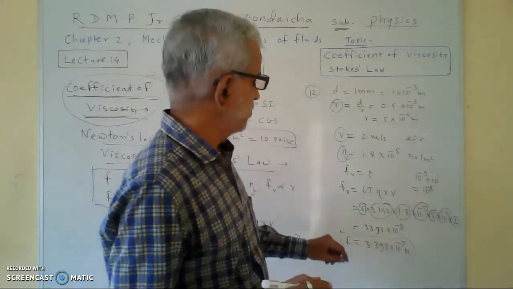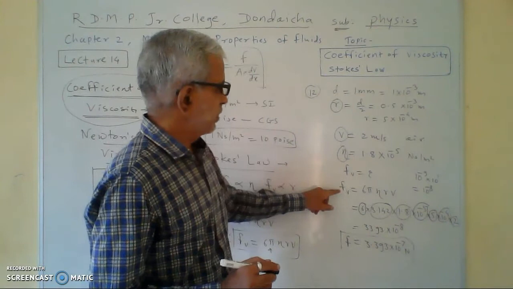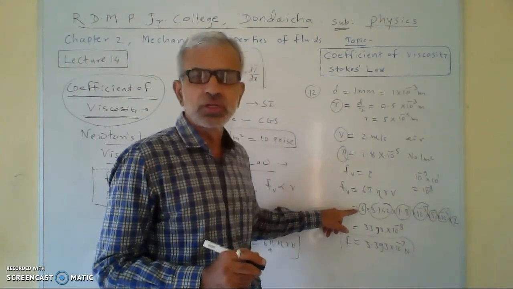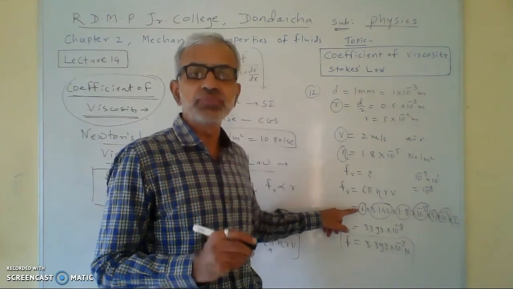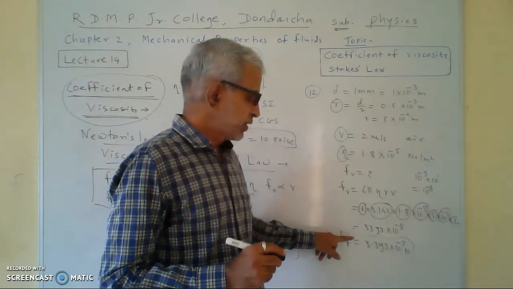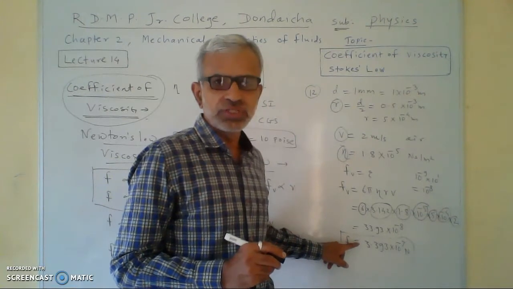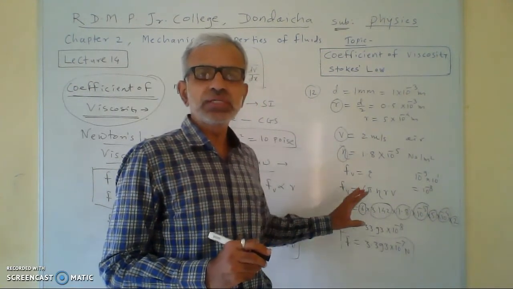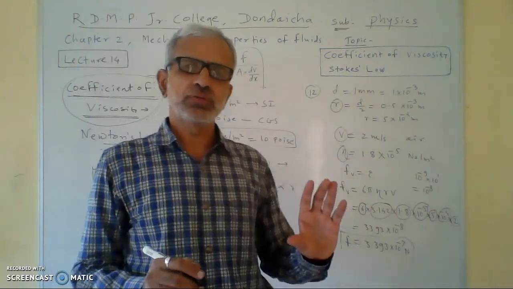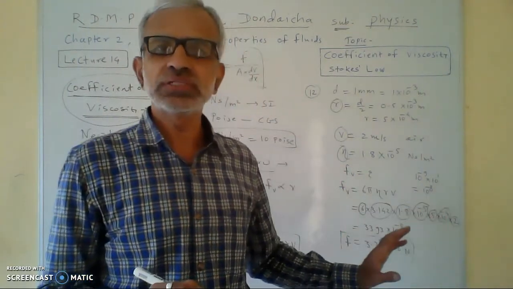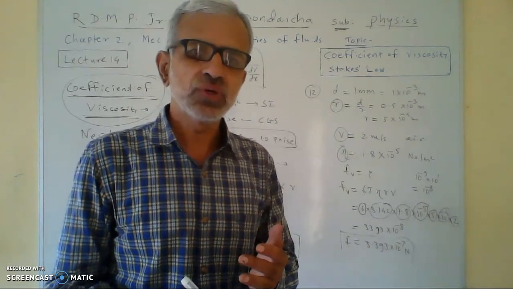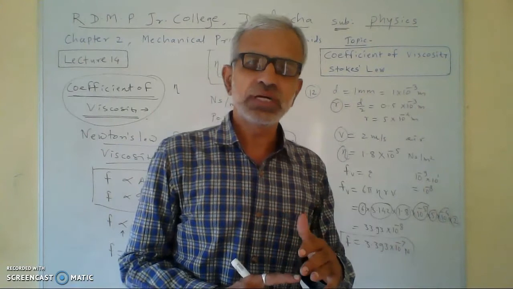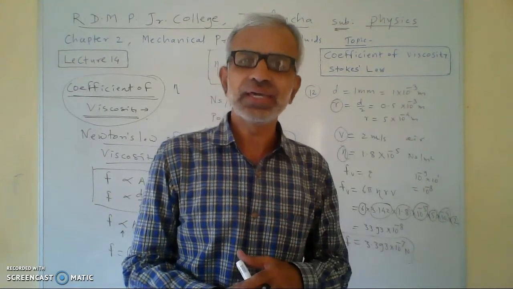Mark distribution will be half mark for formula, half mark for substitution, म्हणजे किमती टाकायच्या, and 1 mark for calculation, answer and unit. म्हणजे 2 मार्काला जर प्रॉब्लेम असेल तर अर्धा मार्क फॉर्म्युला, अर्धा मार्क सबस्टिट्यूशन आणि उरलेला पार्ट आन्सर आणि युनिट, याला 1 मार्क असेल.